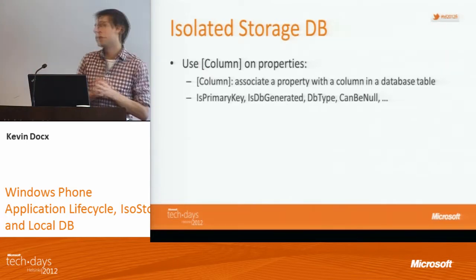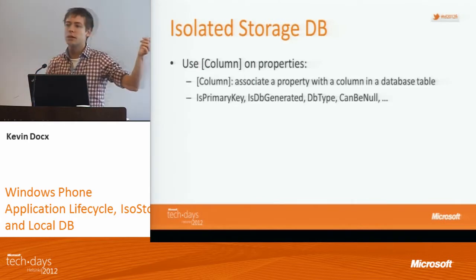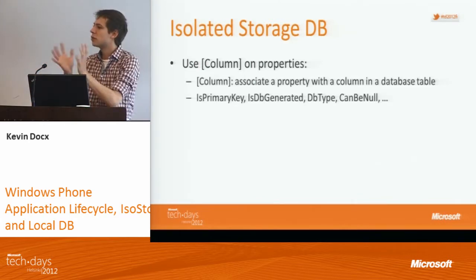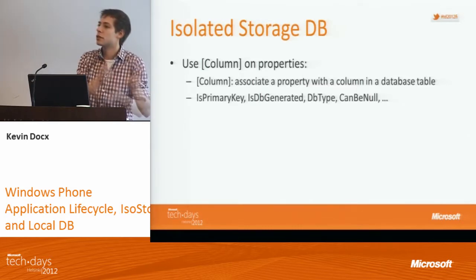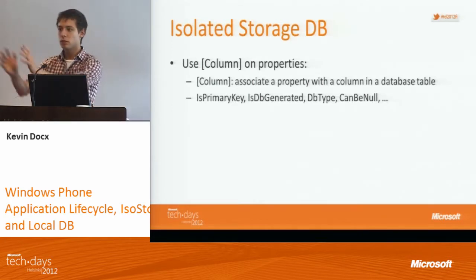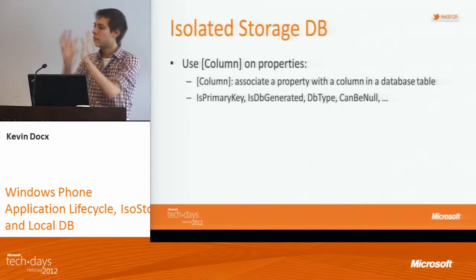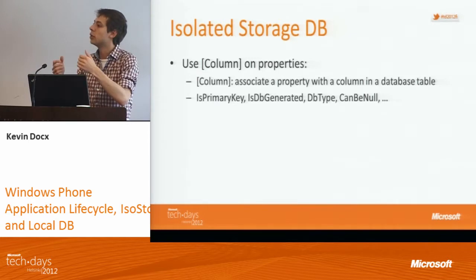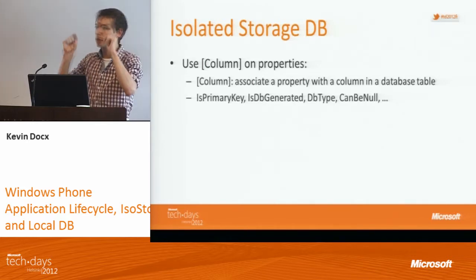You will have to state that this entity or this class, in my case, the to-do item class, is an entity you want to track with your context, save into the isolated storage database. So you will have to say, okay, this entity, my to-do item, is actually a table. You do that with an attribute. You also have to state on the properties of that to-do item, the ID, the name, the description, that those are columns. So you have to use the column attribute on that.